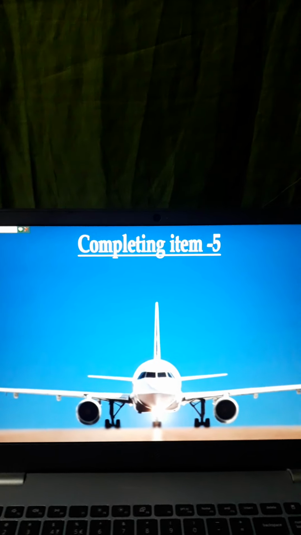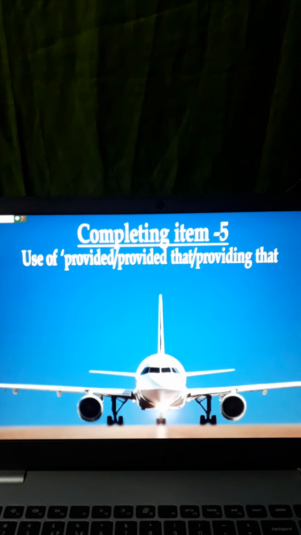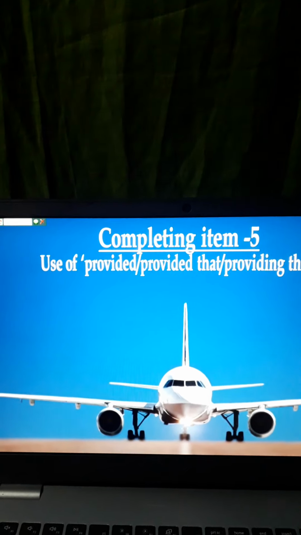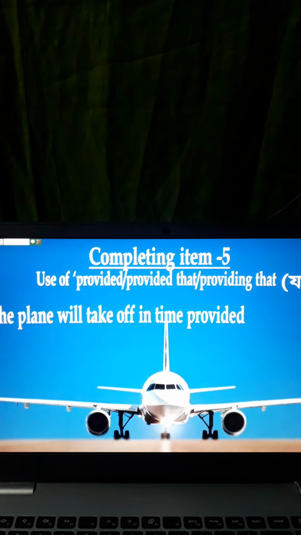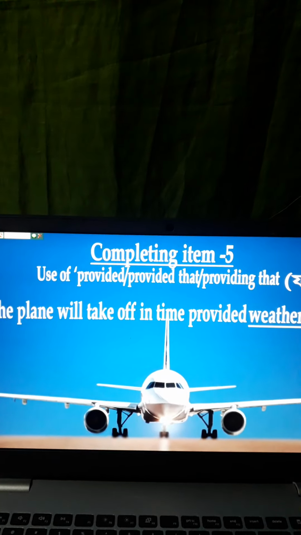Completing item 5. Use of provided or provided that or providing that. In Bengali, jodi. The plane will take off in time provided dash weather is good.